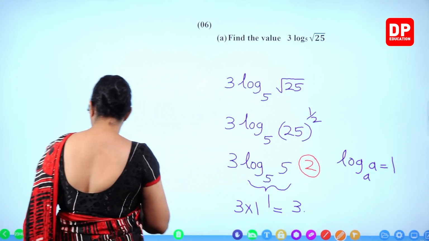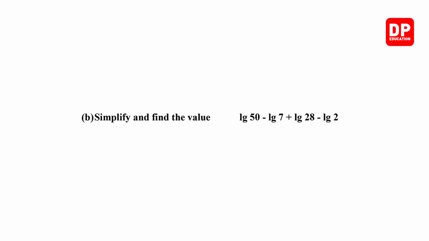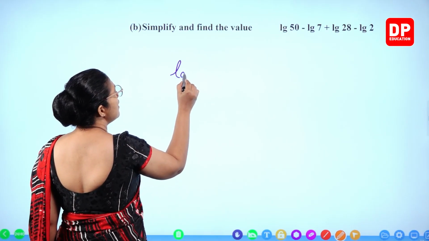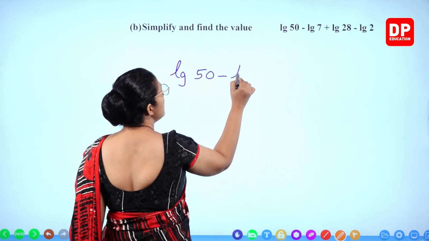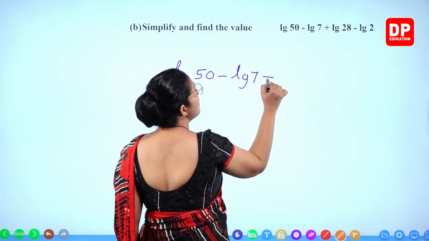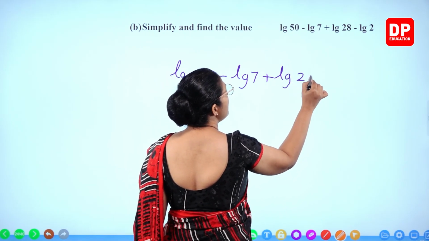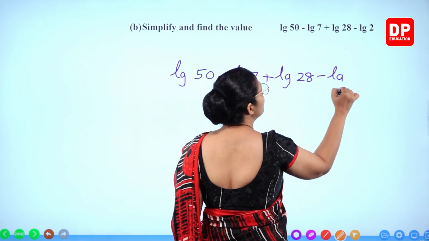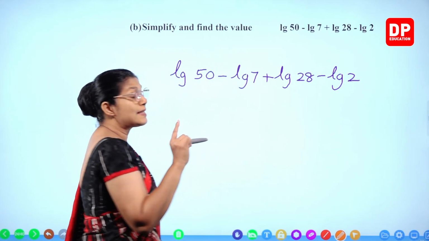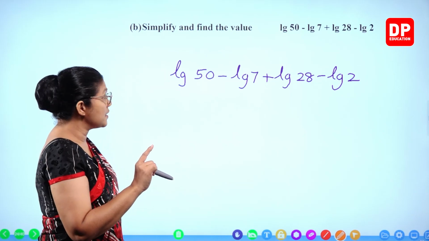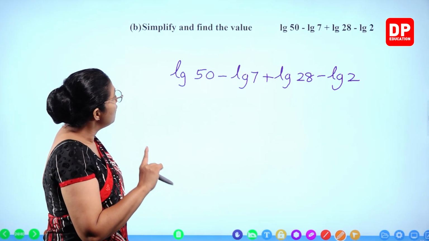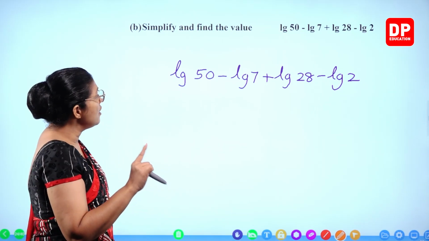Next one. Simplify and find the value. So here LG means log 10 base. LG 50, LG 7, LG 28 and LG 2. So what's the theory part here? Laws of logarithms. When you have subtraction, you divide.